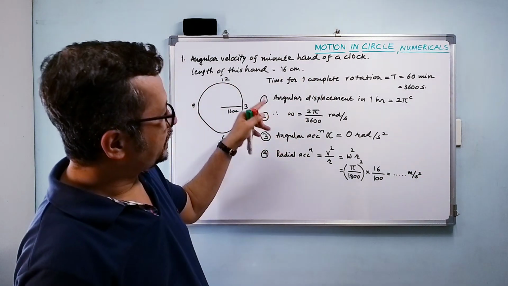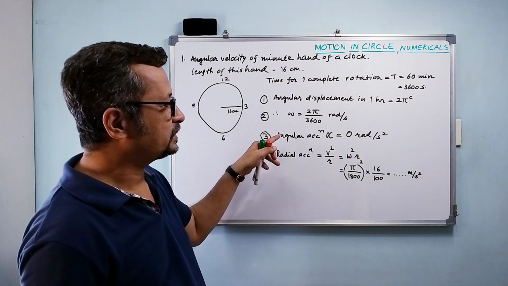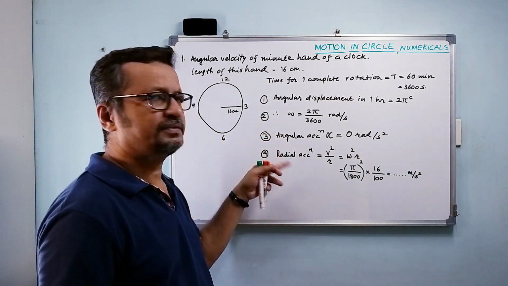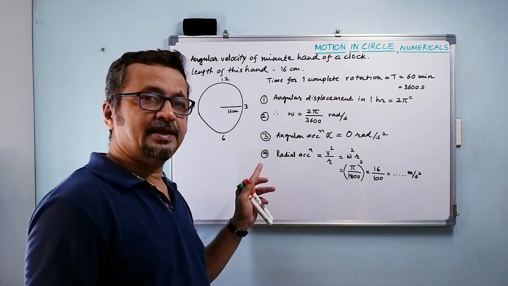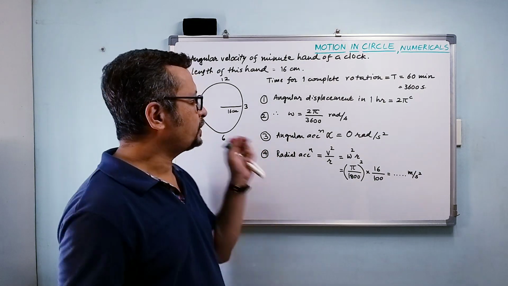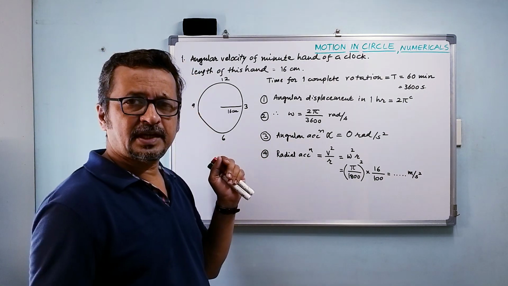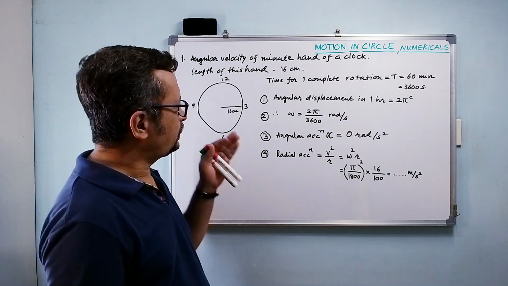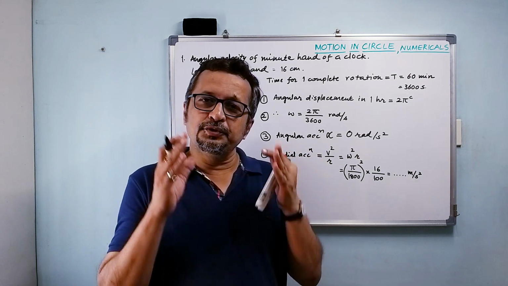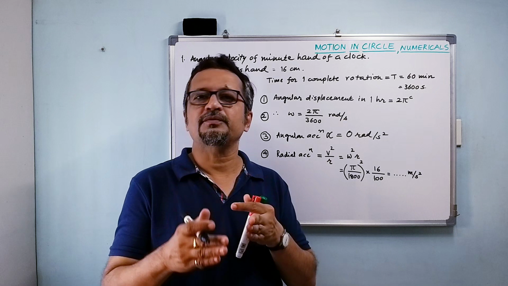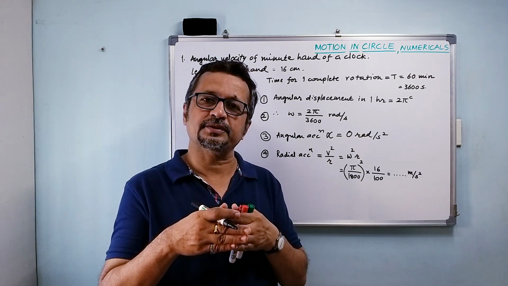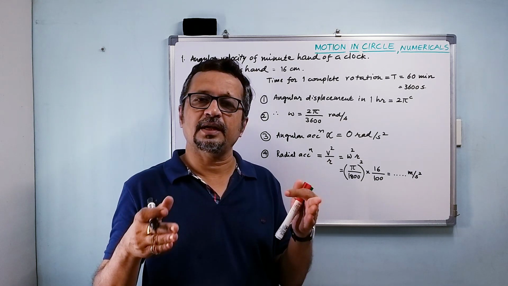We have found out angular displacement, angular velocity, angular acceleration, which is obviously 0 here. Radial acceleration we have found out. What about tangential acceleration? Now here, in uniform circular motion, you have only centripetal acceleration. There is no tangential acceleration.